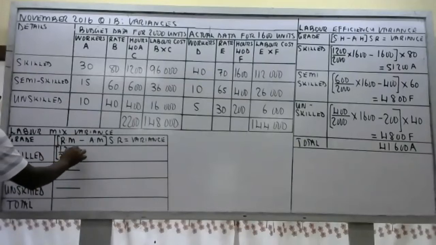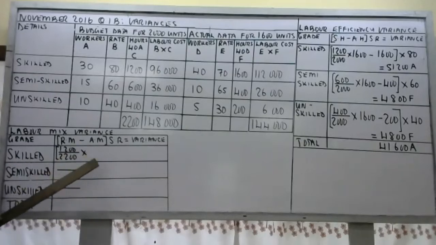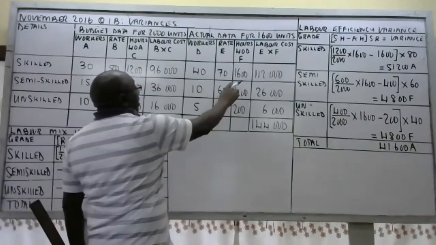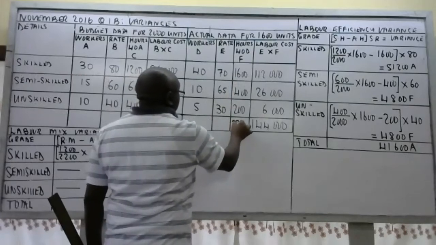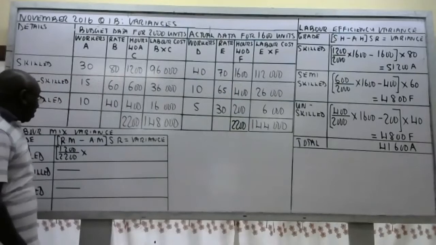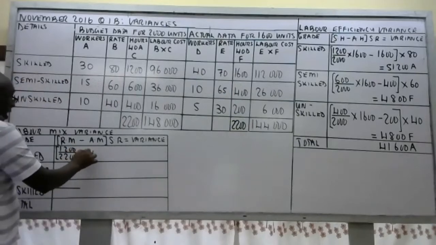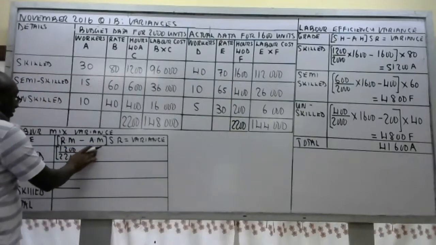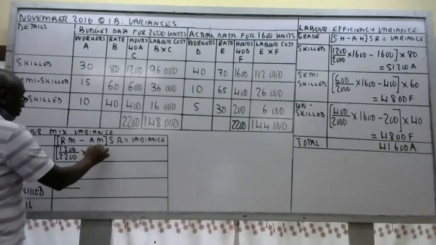So that is the proportion. You multiply that with the total here, which is 2,200. That is the total that you should have recorded there. So you multiply by 2,200.